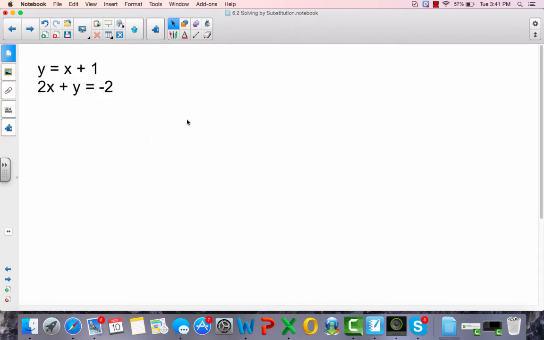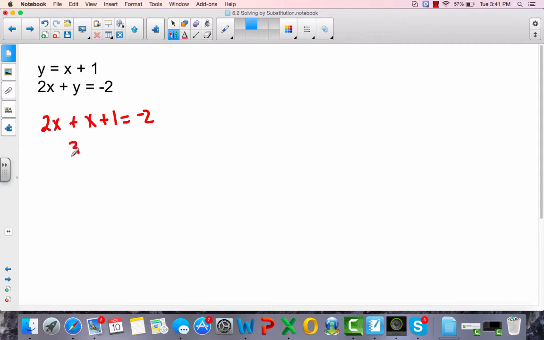All right, what about this one? Okay, y equals x plus 1, and 2x plus y equals negative 2. Well, the one that we're going to substitute is the y equals x plus 1, because it tells you what y is. So we come down here and we go 2x plus, and instead of y, we're going to put x plus 1 equals negative 2.